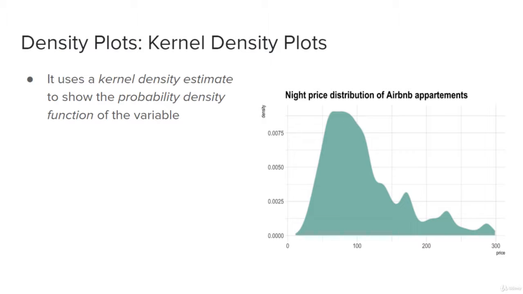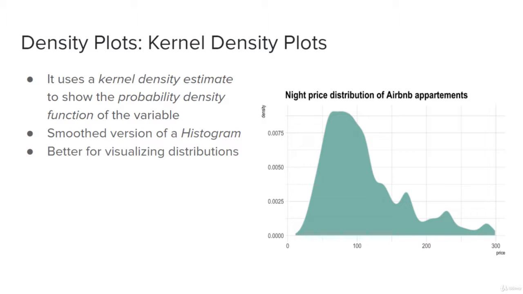It tells us how probable it is for the $100 price to occur in this data set. It is also known as the smoothed version of a histogram, since we're not grouping values together. We're just using them directly, but the shape is similar, as we will see now.